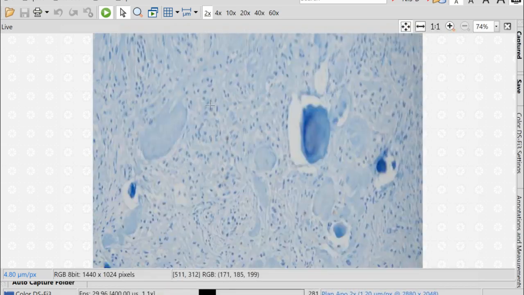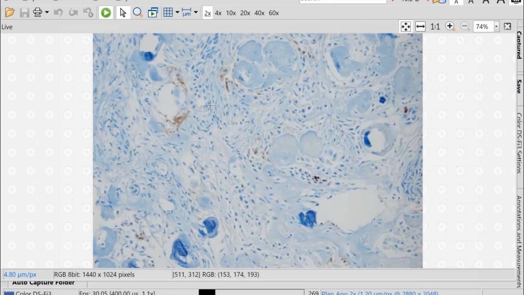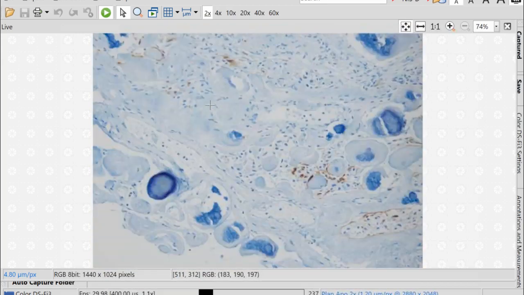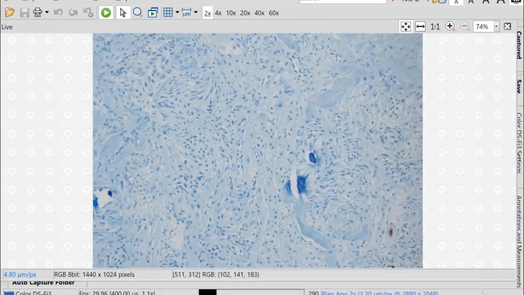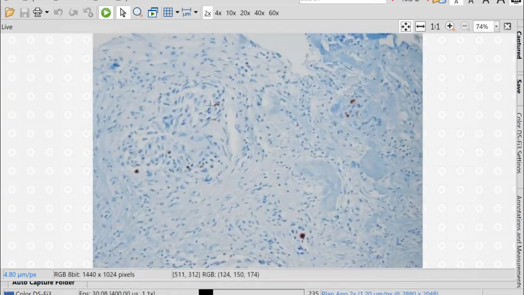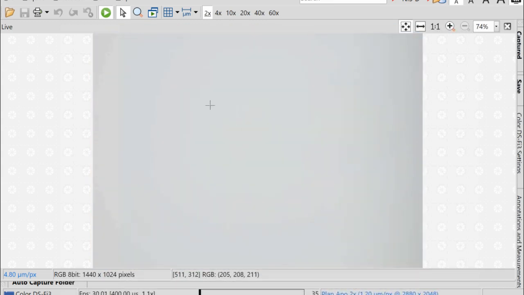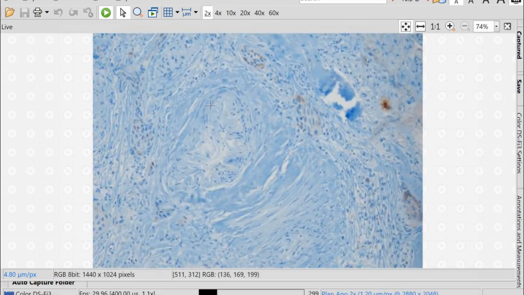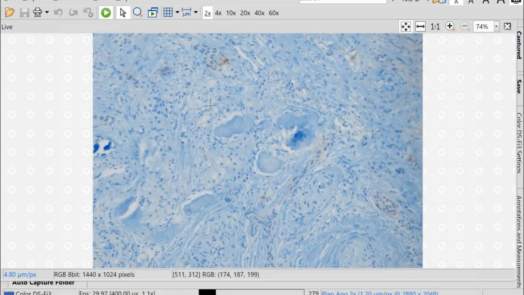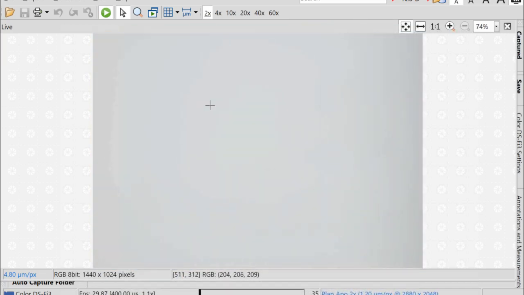CK7, kind of weak. Have to bear in mind here that you have quite a bit of cautery, as in other tumors that we saw earlier. And this is not uncommon in these biopsies or resections from the choroid plexus, but you can argue there's a little bit of CK7. Napsin A, patchy, but positive as well.